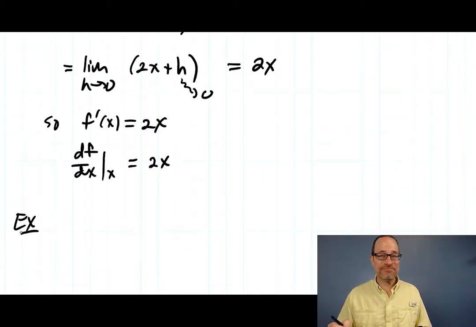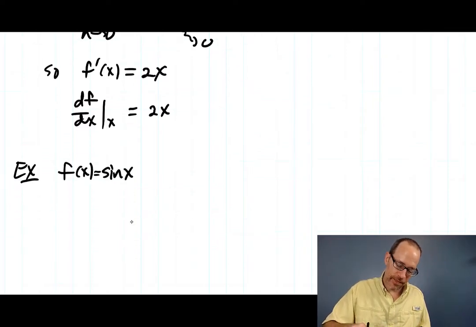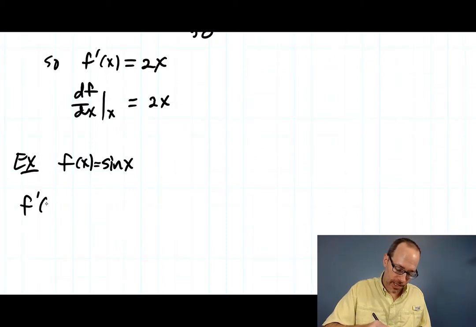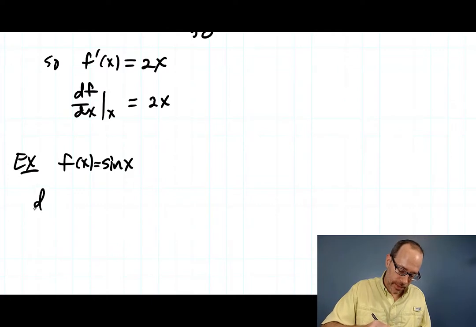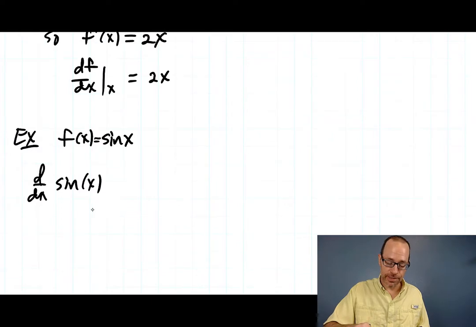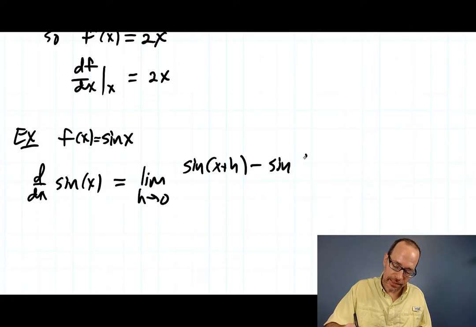All right. One more example. Let's consider the sine function and take its derivative. So again, f prime, well, let's write it this way: d by dx of the sine is the limit as h goes to 0 of sine at x plus h minus sine at x all over h.